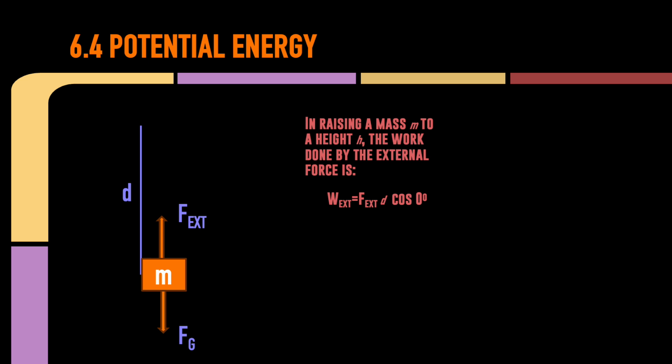The external force is holding it up, so the angle between those will be 0 degrees, so cosine of 0 is 1. And when we crunch the numbers here, we essentially get mgh, or mass times gravity times the height that we lift it. Other times you'll see it like this: the second y position minus the first y position, in other words, the difference between the two.